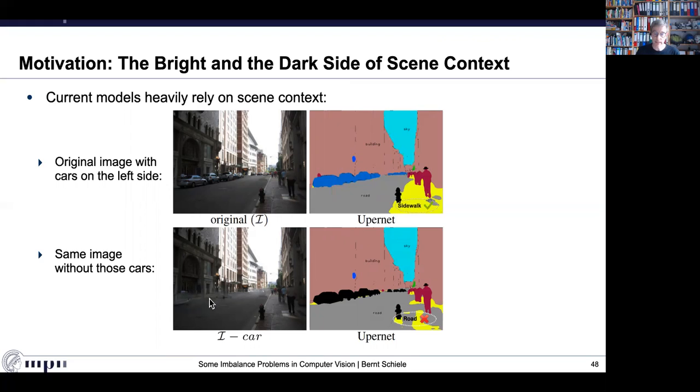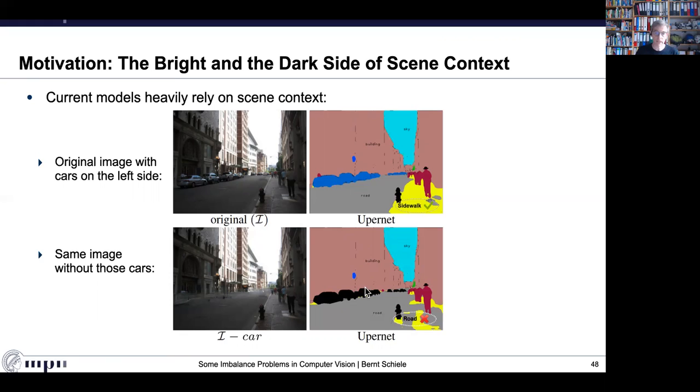So it's quite interesting that these cars that are now missing on the left side of the street cause a change of performance quite drastically on the right side of the street. The sidewalk is not really found anymore. All of a sudden, it's the road that is hypothesized. On a very high level of abstraction, you could argue that when there are cars parking on the left side of the road, that is a reasonable assumption.